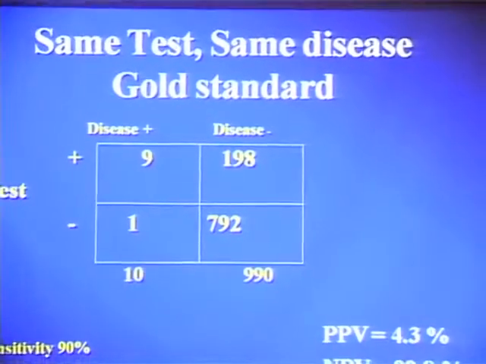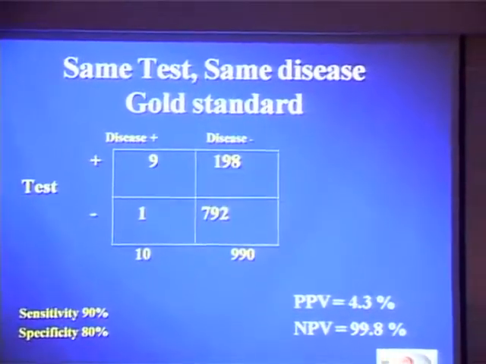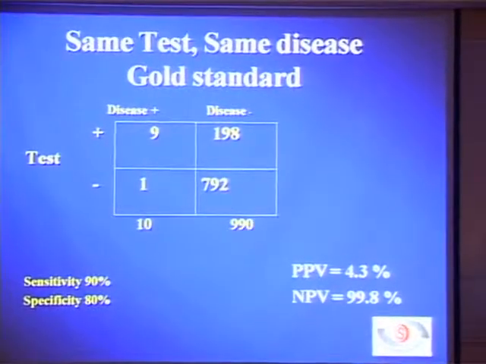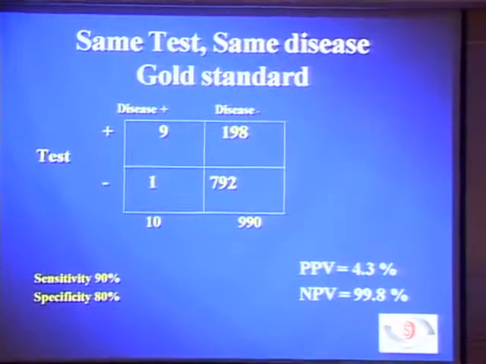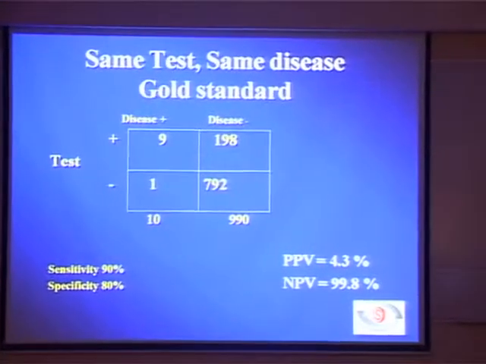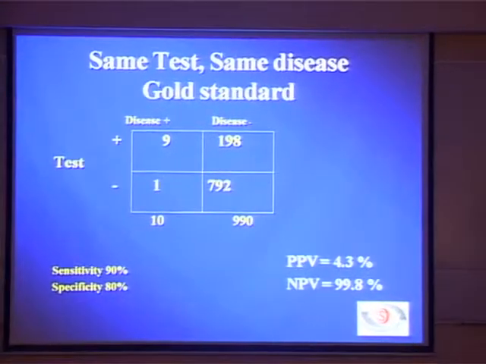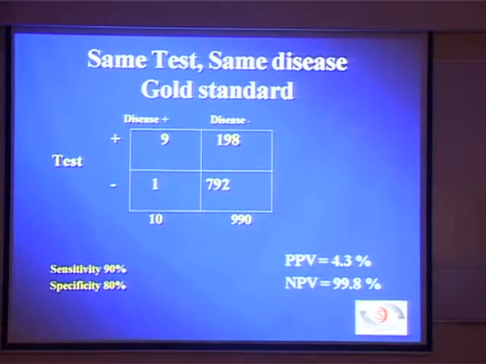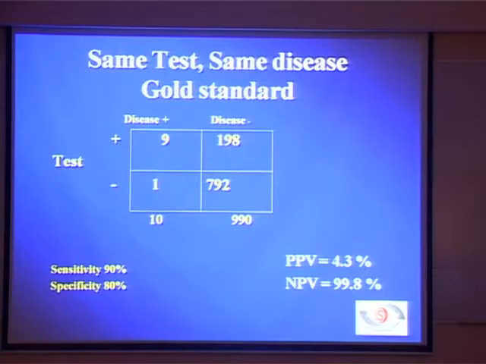We are doing the same test, same population, the only thing is the prevalence has changed. We have gone from 50%, which is unacceptably high, we don't get any disease with 50%, to a real life situation, 1%, and the positive predictive value has gone down from 81% to 4%. What does it mean?